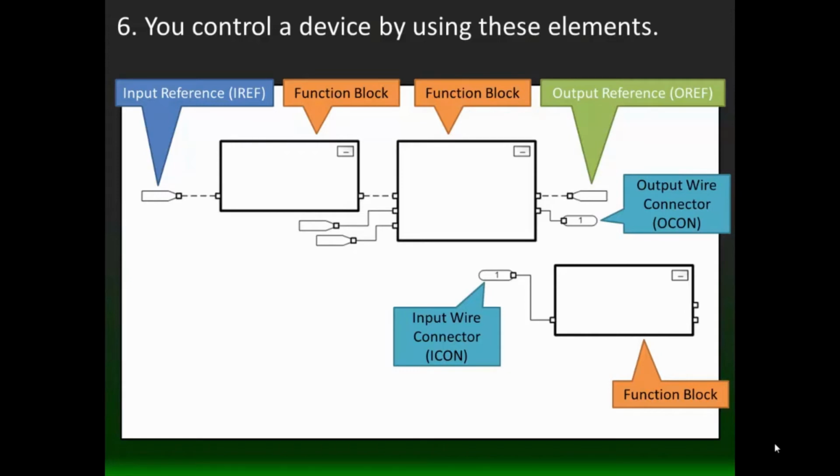An output wire connector is strictly a visual aid to tell you where it connects to another function block, either on this sheet or another sheet. So input and output wire connectors are pairs. Now I suppose you could have an output wire connector and no input wire connector someplace else, but I fail to see the purpose other than maybe it's strictly visual. And so you continue on through function blocks.